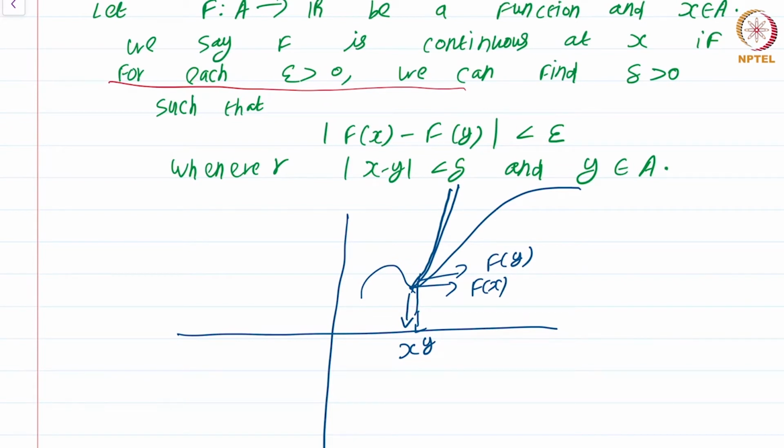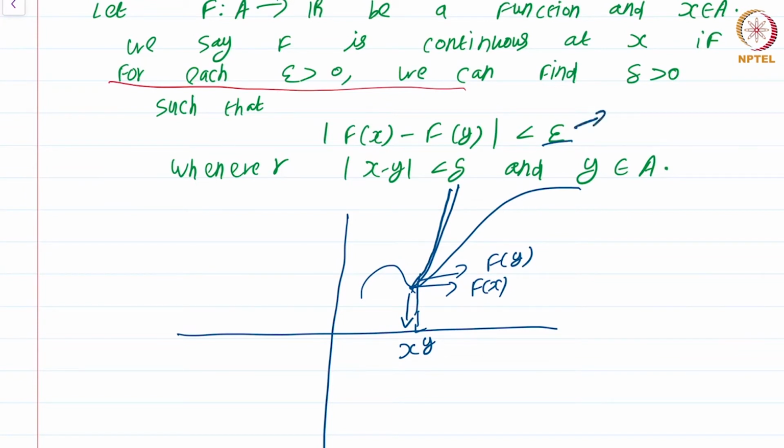So what we want to say is, it's not just that whenever y is close to x, f of x is close to f of y. It is rather saying that you tell me how close you want f of x to be to f of y, then I will tell you how close y must be to x. So this epsilon is sort of trying to set a tolerance level.